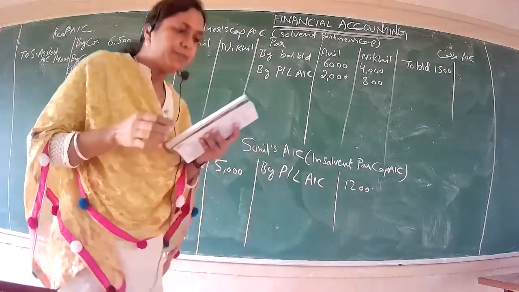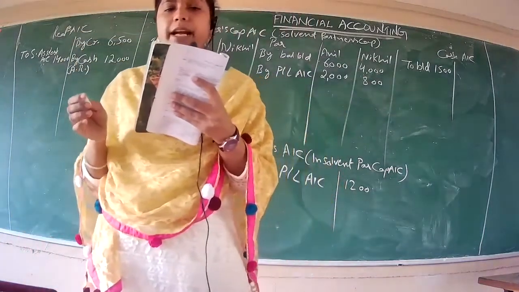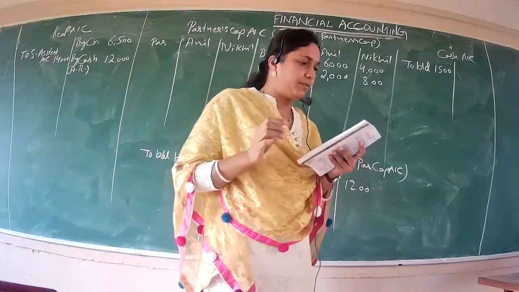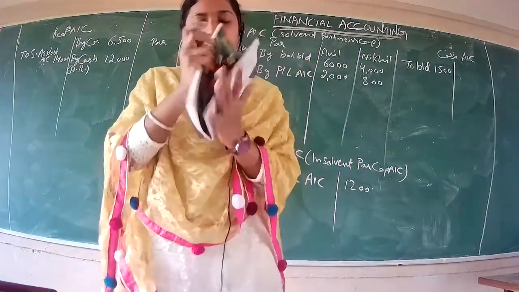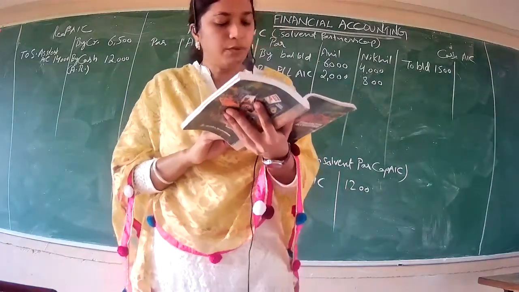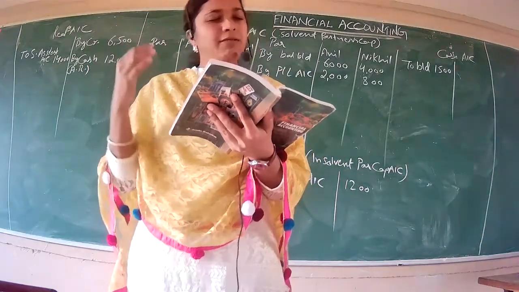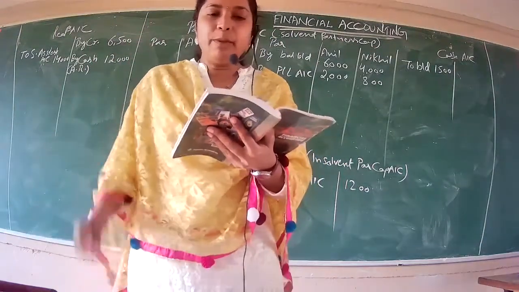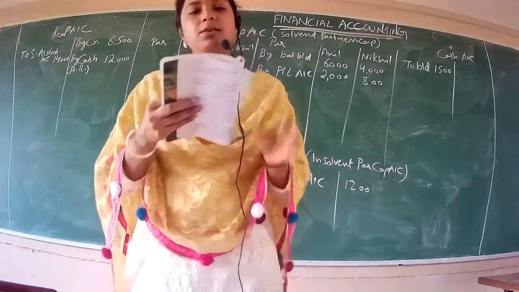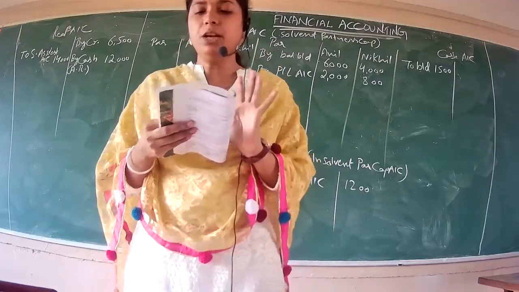Next line, check out. Creditors were paid rupees 6,000 in full satisfaction. Okay. So even if you go for the balance sheet, the creditors value is given 6,500, but they have done the settlement, they have convinced the creditors that we'll pay you only 6,000, and that you have to assume as equal to the 6,500. No extra payment will take place, only 6,000 we will pay you.